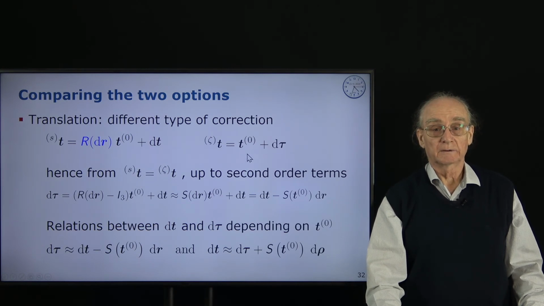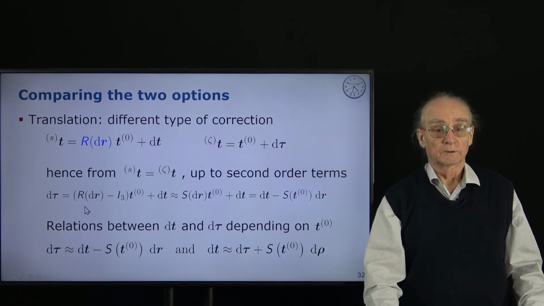Then we can derive d tau by subtracting t0 from this expression. So we get r of dr multiplied with t0 minus t0. So we get here r of the small rotation component minus the unit matrix multiplied with t0 plus dt.